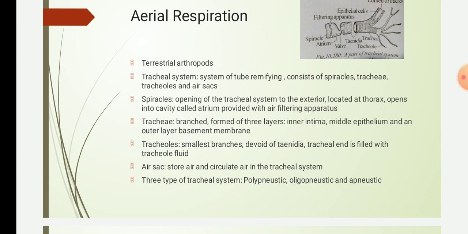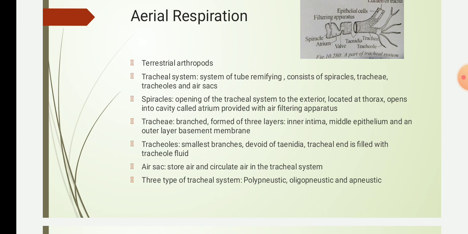Whereas in oligoneustic, only one or two spiracles are functional. Whereas in the apneustic type, no functional spiracles are found. So the types of tracheal system are based on the presence of functional spiracles.